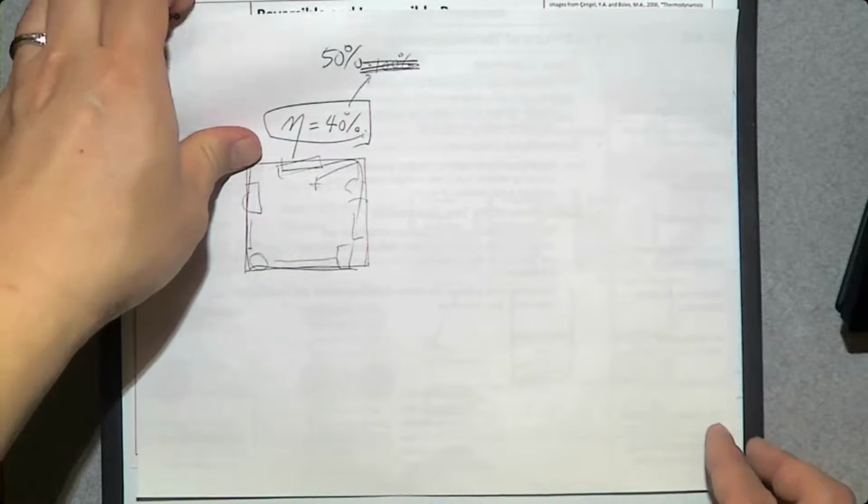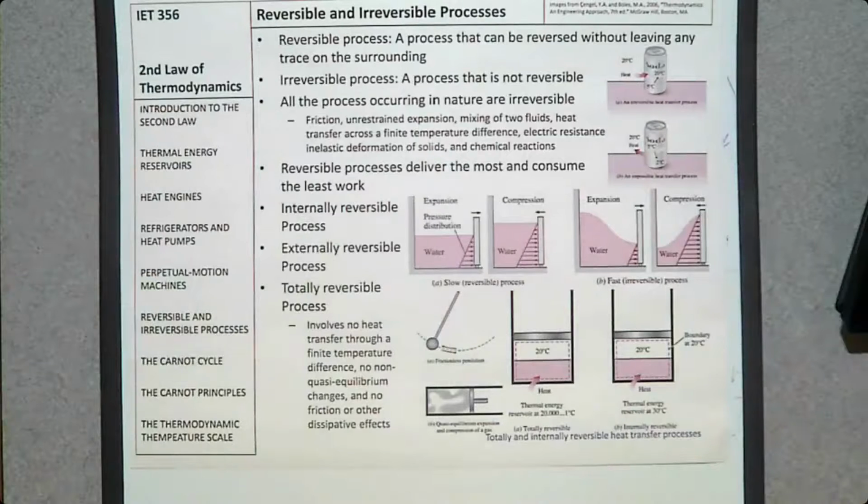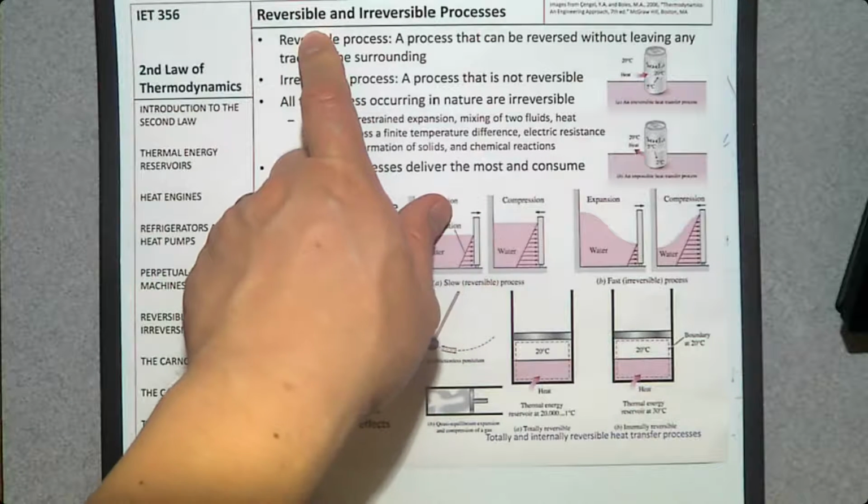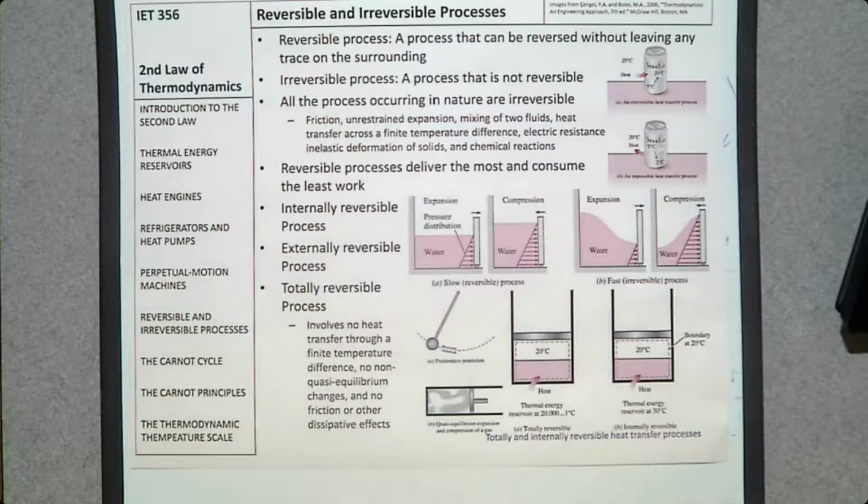Then, what about if you can achieve the ideal performance of each device in this power plant cycle? That's when you can achieve 50%. Then when is that ideal condition? When a process is reversible. What does it mean, reversible? A process that can be reversed.